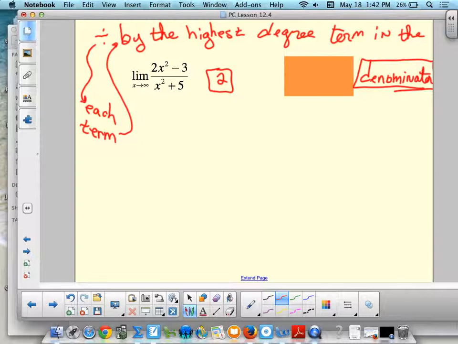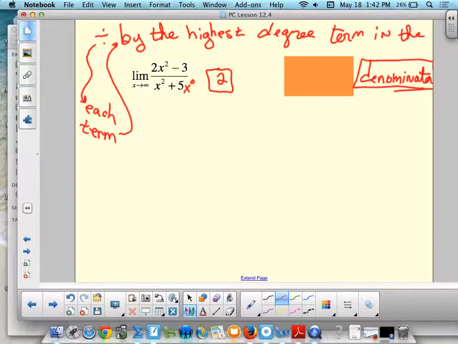Now look at the denominator. You got an x squared, and you got, this is x to the 0, by the way. So the highest degree term is what? X squared. And by the way, it's not the coefficient, it's just the x and the square. If it would have been x cubed, I'd divide everything by x cubed.